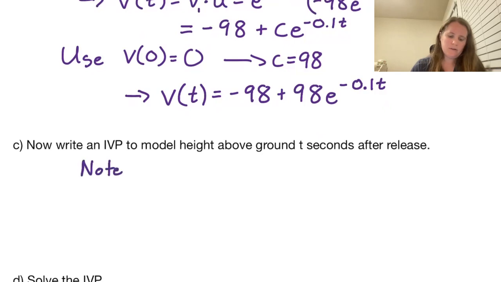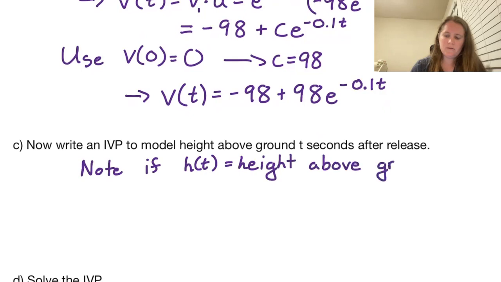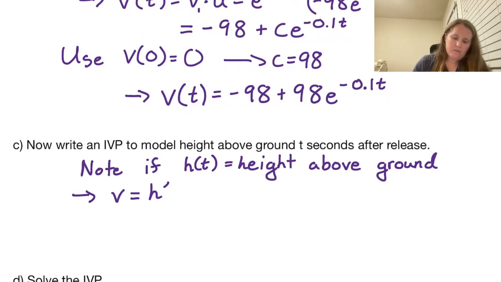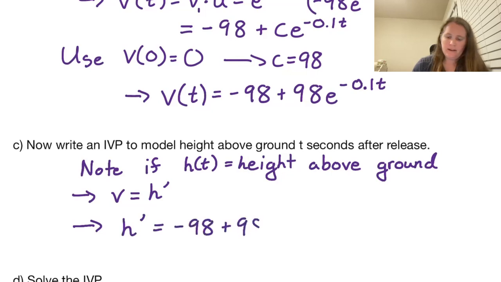So note, if h of t is height above ground, then we have V, velocity, is just dh dt, or h prime. So we have the equation we had previously, which gives us h prime is equal to negative 98 plus 98 e to the negative 0.1t.